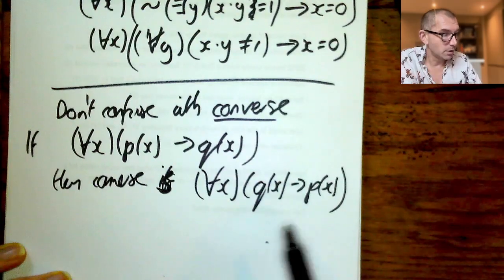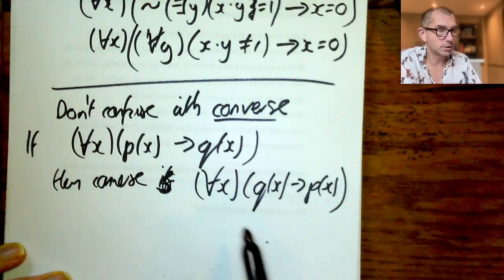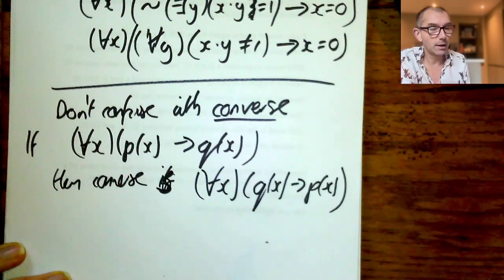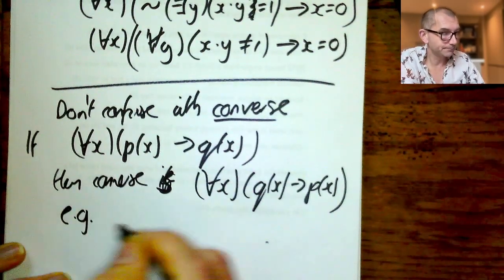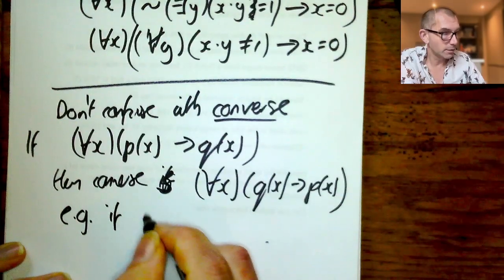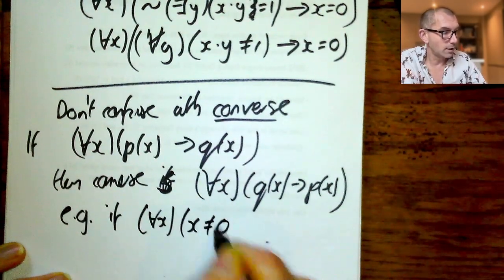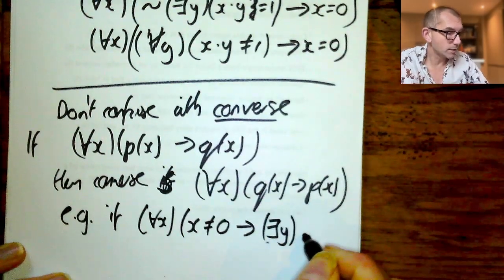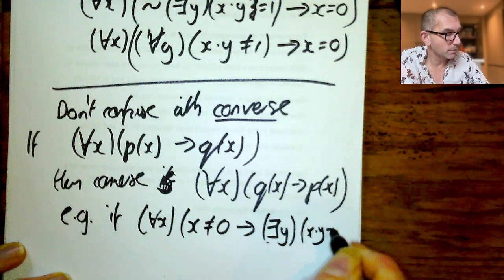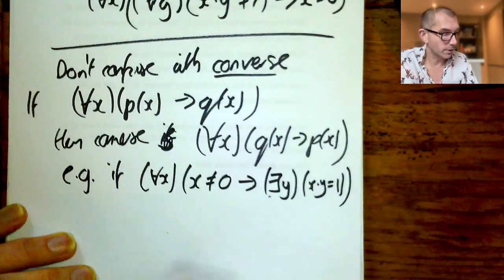So let me just go back to the statement that we had about the real numbers. For example, if we start with for all x, if x is non-zero, then I can find a y such that I multiply it by x and I get 1. So that was what we had before.